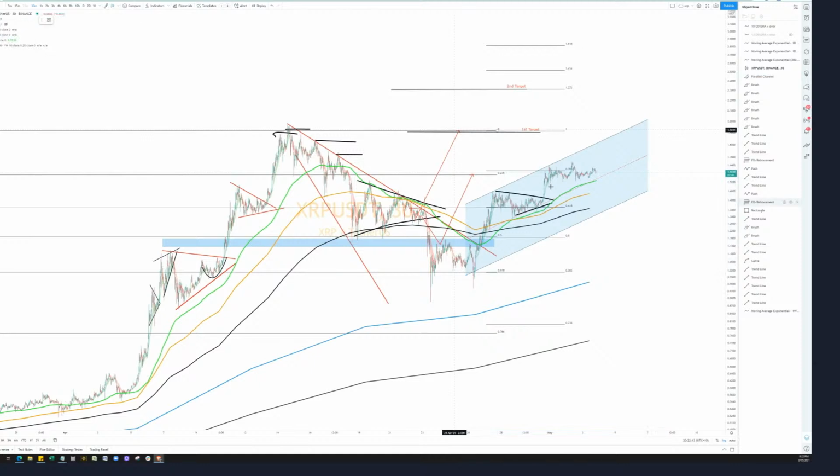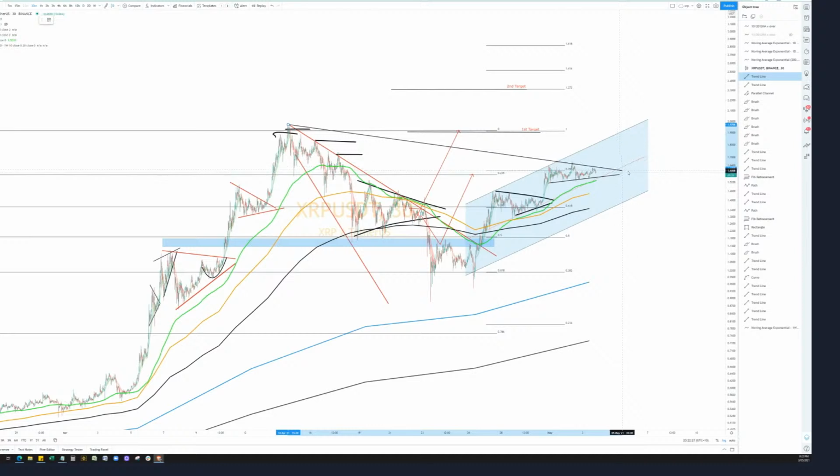And I would use this bottom level. It's slightly curved up a bit. I dare say, surely not, but maybe, if it breaks that trend line, if I can point that down a bit more, you're going to get bullish momentum if it breaks that level.